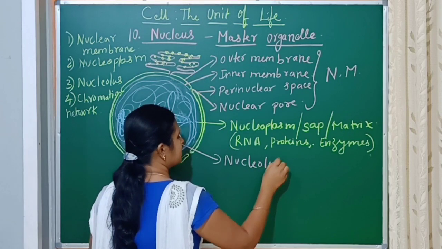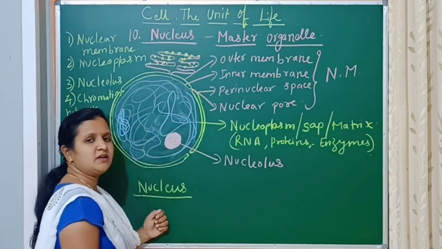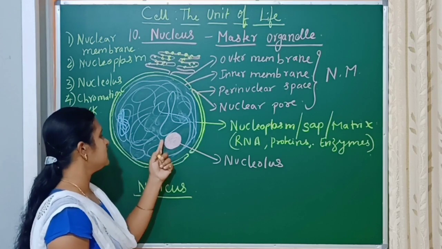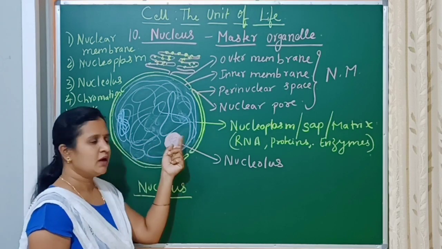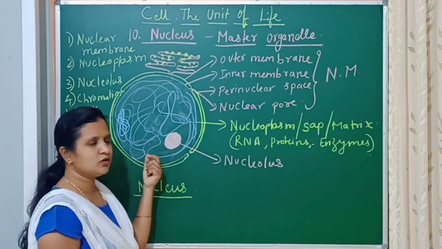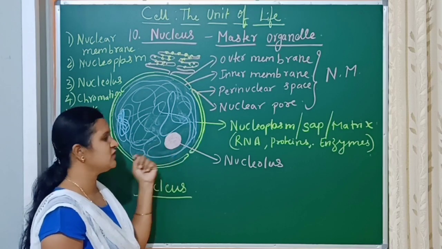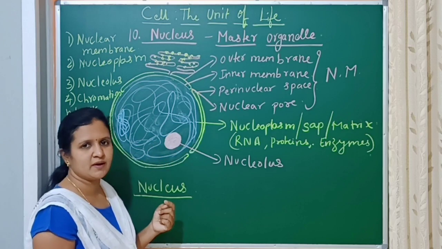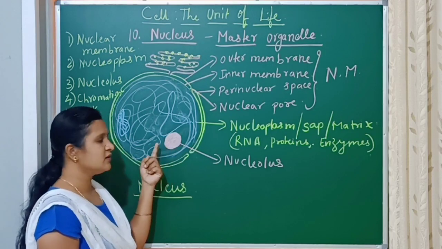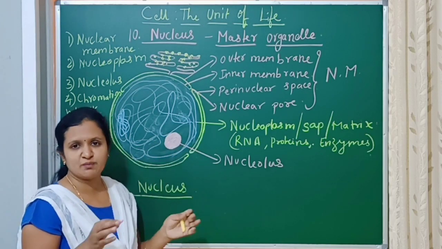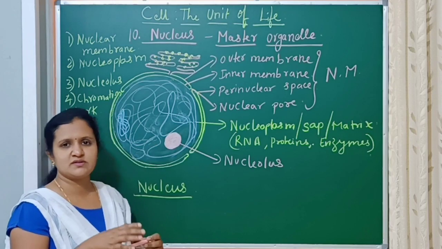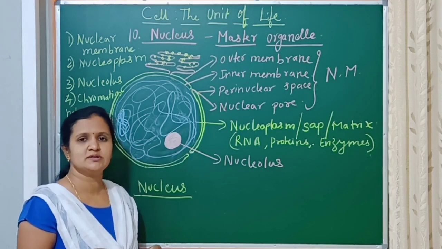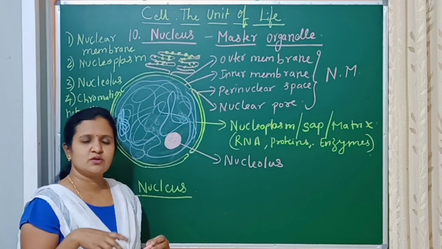Next, coming to another important structure in the nucleus, that is the nucleolus. The nucleolus is a dark stained body, and it doesn't have any membrane. It is freely present inside the nucleoplasm and has a direct connection with it because it is not surrounded by any membrane. The nucleolus generally disappears during cell division, when one cell divides into two cells. We will discuss cell division in the next chapters.